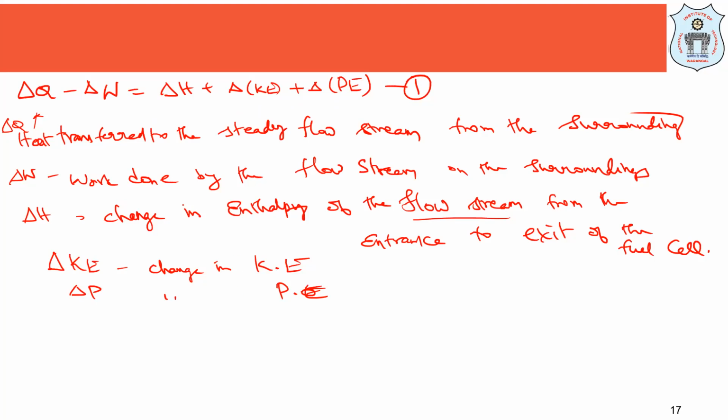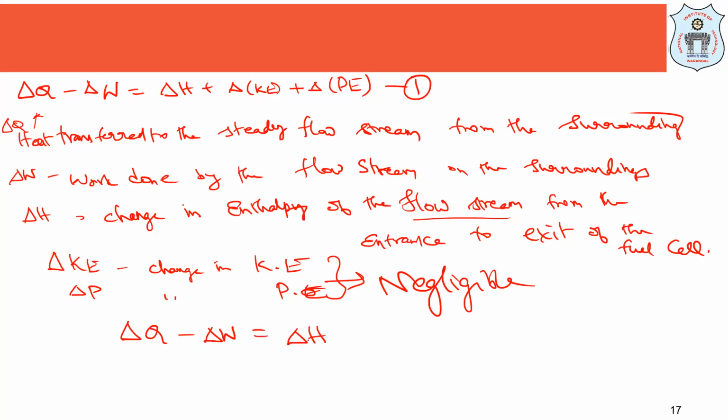So we can say these are negligible. If these are negligible, this equation can be written simply as delta Q minus delta W is equal to delta H. These two are negligible, tending to 0.